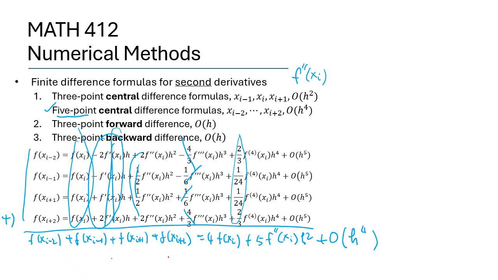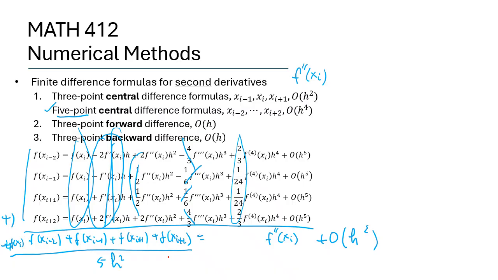So you can derive a formula: minus f of x_i, minus 4 this, you move this to the other side, and divide by 5h squared.